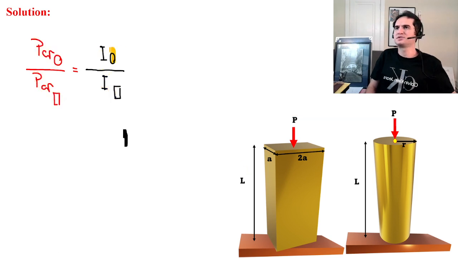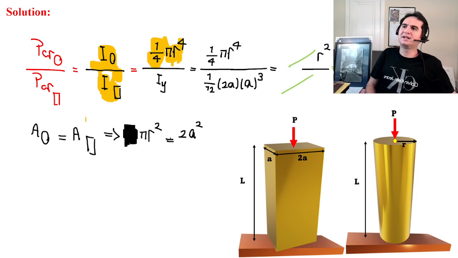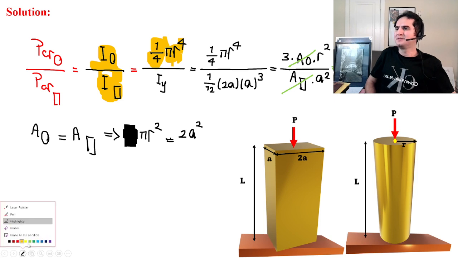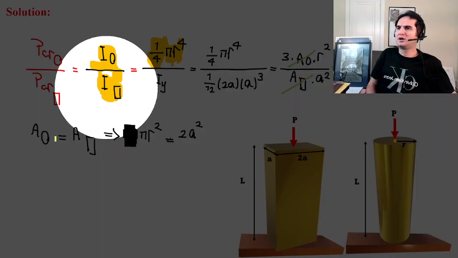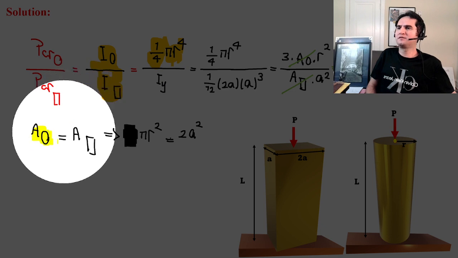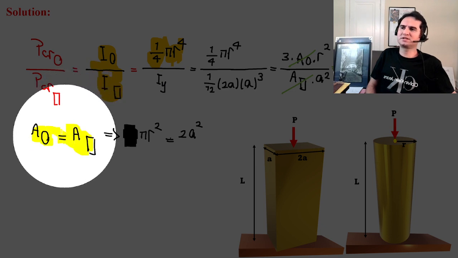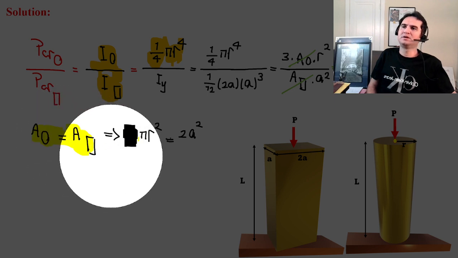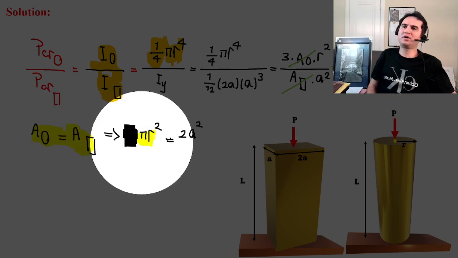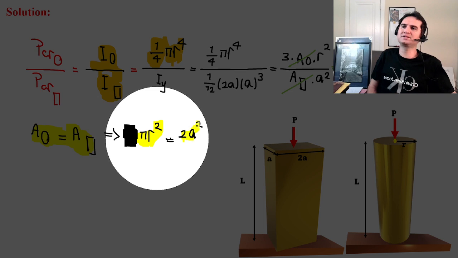So the ratio of their moments of inertia has a numerator of a quarter of pi r to the fourth. Since the cross-sectional areas of both are the same, for the rectangle, pi r squared is equal to 2a squared.